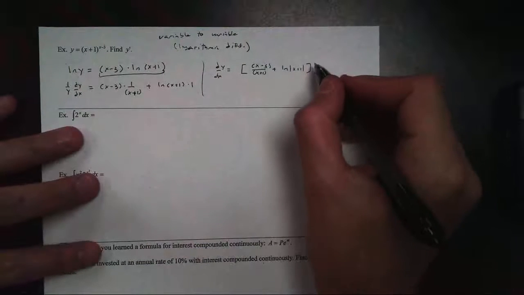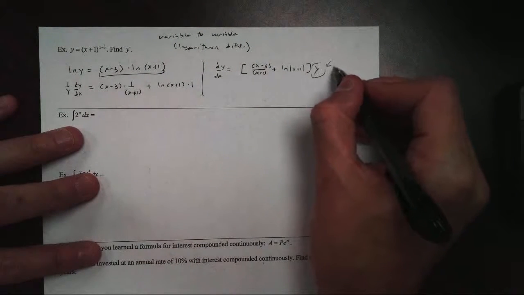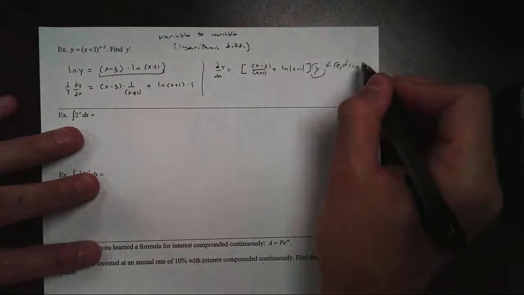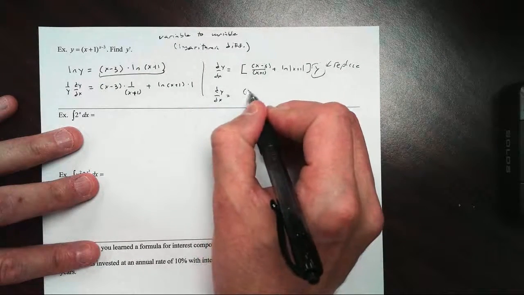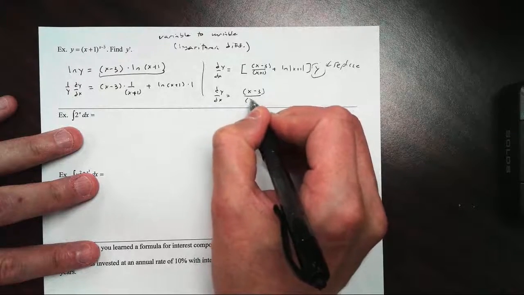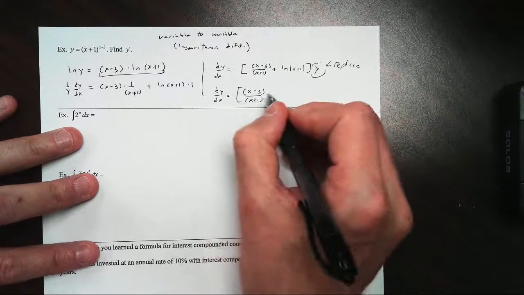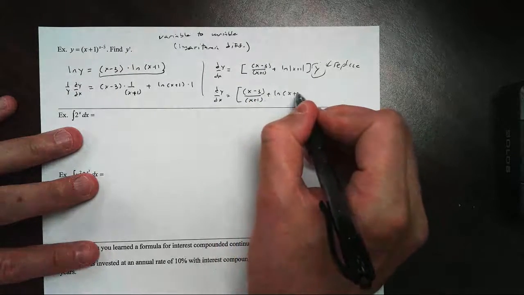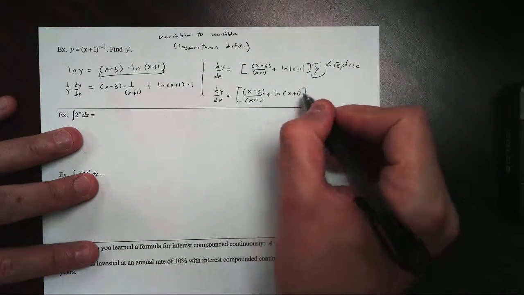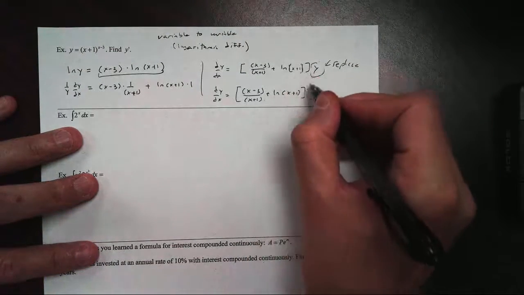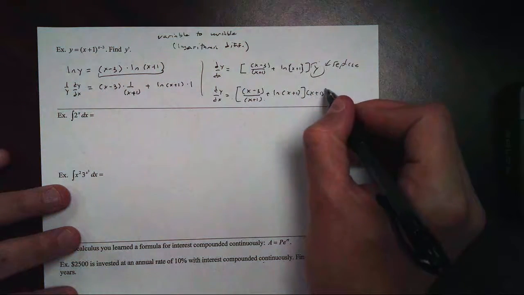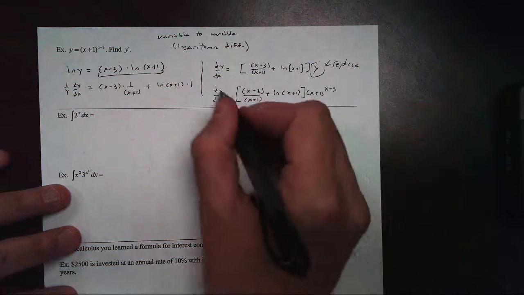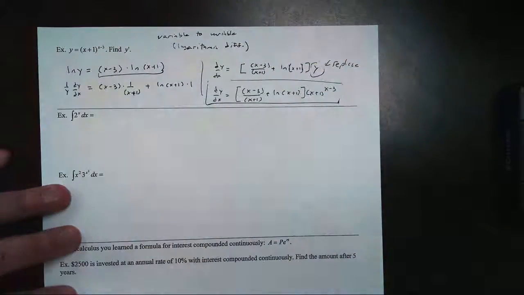Very ugly, yep. But I'm still not done. I'm going to replace the y. So we would get dy dx equals x minus 3 over x plus 1 plus the natural log of x plus 1, in parentheses, times y, which we know what y is, that's the original function, x plus 1 to the x minus 3. And there's our final answer.